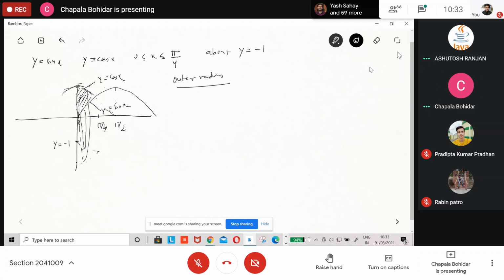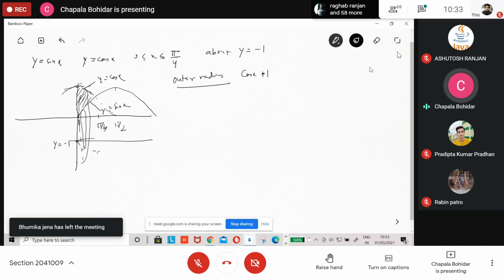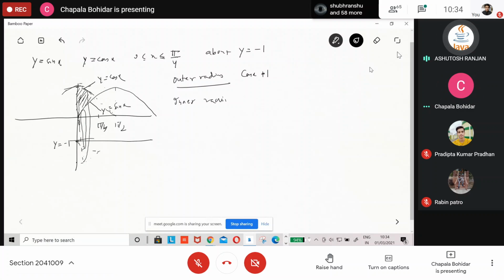Cos x plus 1. It is your cos x plus 1. Okay, now the inner radius? Sin x plus 1. It is your sin x minus of minus 1, so sin x plus 1. Clear? Now you can find out the area.